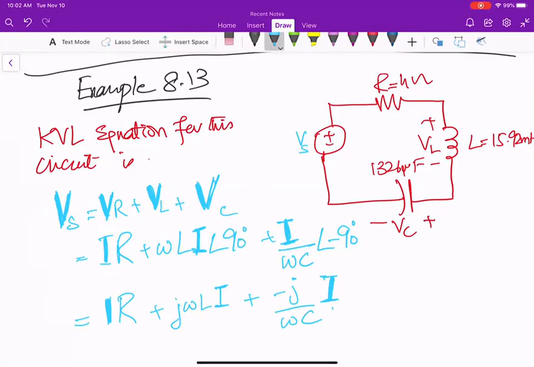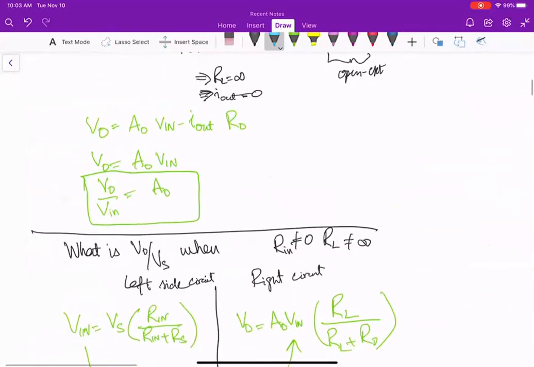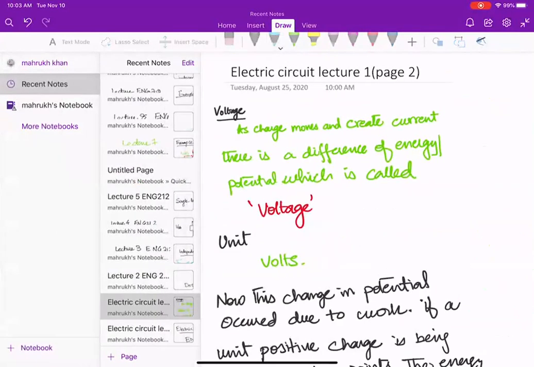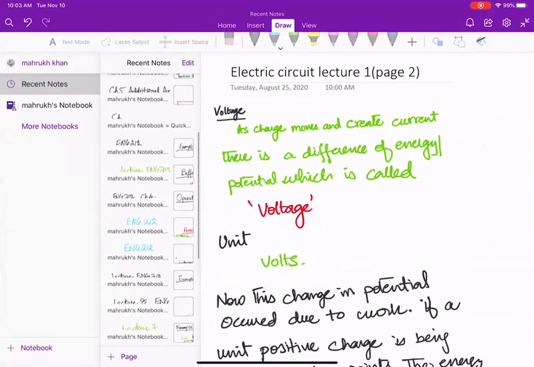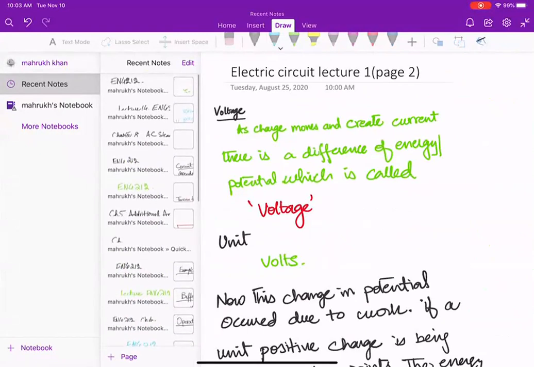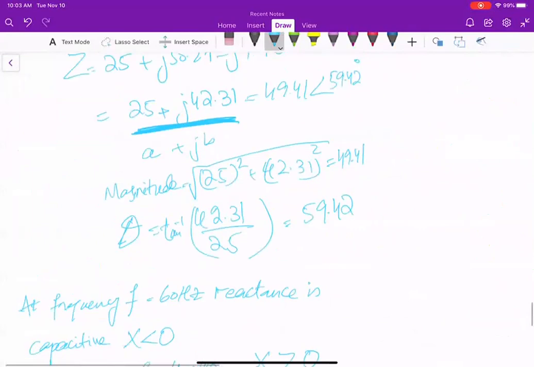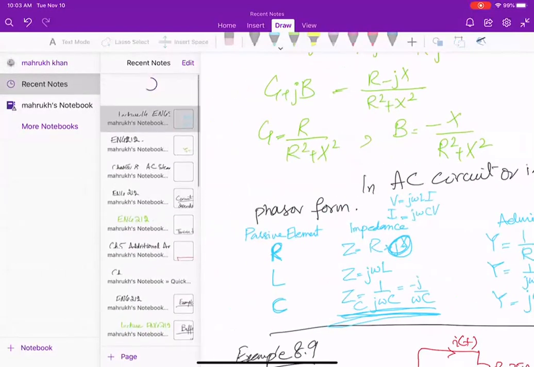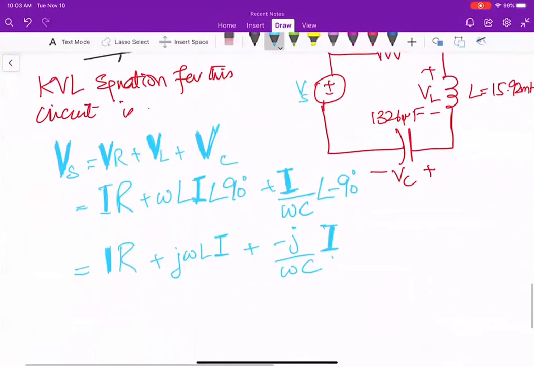When we are writing, yes, Z in capacitance should be minus J over omega C. In the previous lecture table, you can see that ZC is minus J over omega C. So that's what we have done here.